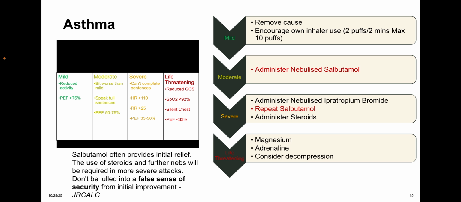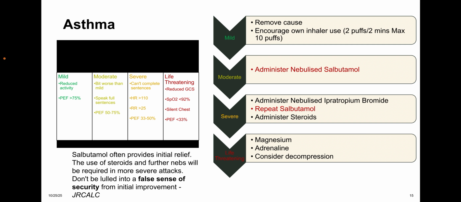Now, our treatment for asthma will very much depend on the severity of how bad this over response is. JRCALC breaks it down into mild, moderate, severe, and life-threatening. We have mild asthma, which means that the patient is just suffering from slightly reduced activity. We have moderate asthma, which is considered just a bit worse than mild, but they are still able to speak full sentences.